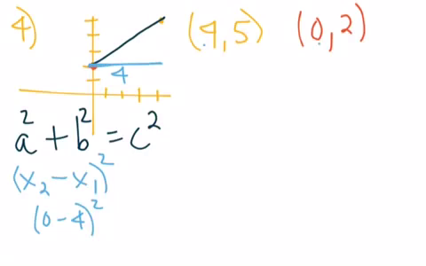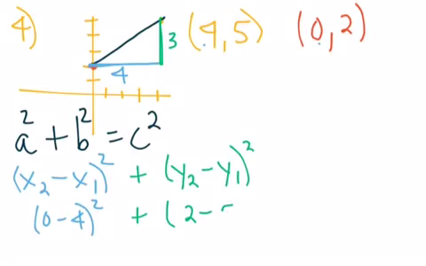When you do this side, you'll notice on the graph that it has a length of 3. Well, if you do y2 minus y1 squared, then you have 2 minus 5 squared.